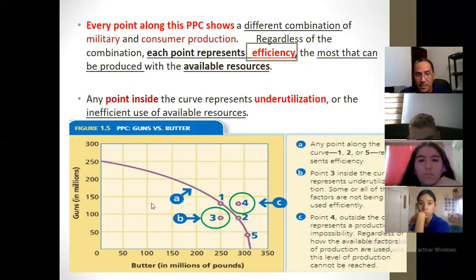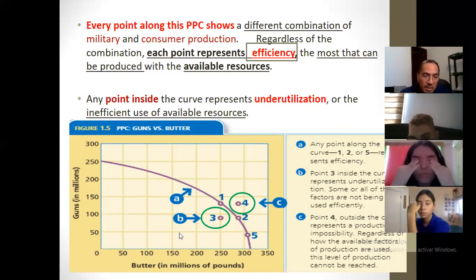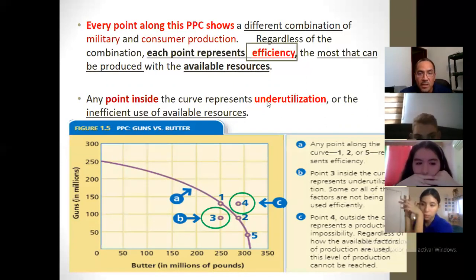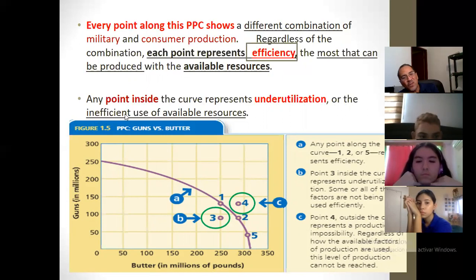You can produce less. But if you produce less, like it says, any point inside the curve represents underutilization or inefficient use of the available resources, una persona ineficiente, okay? No están utilizando eficientemente los recursos. En la línea están usando eficientemente todos los recursos.